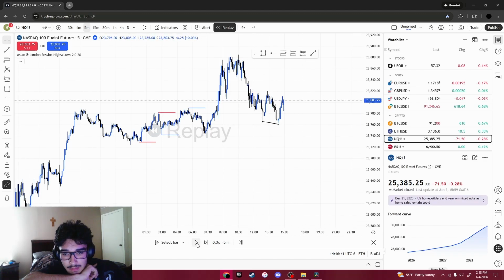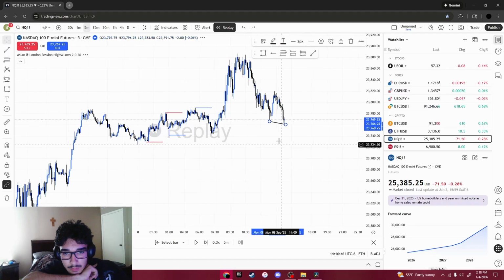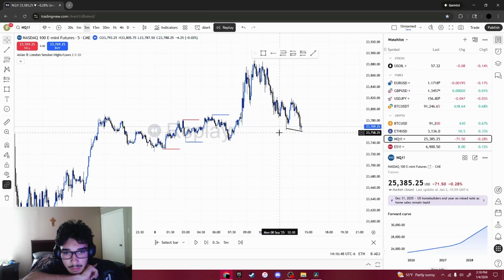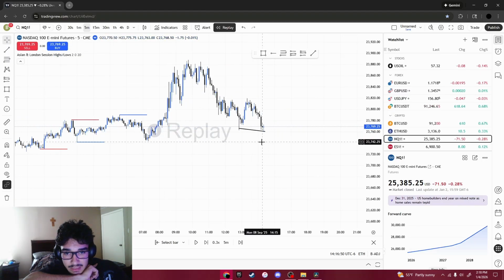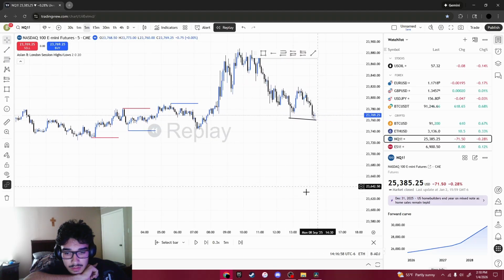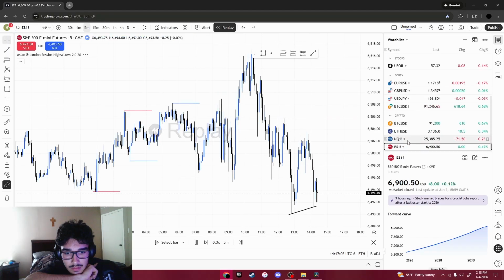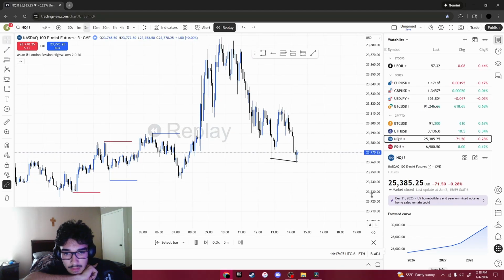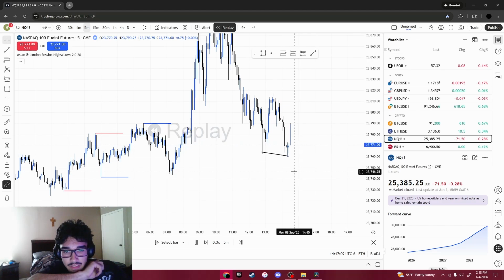Okay, bullish SMT divergence plus liquidity sweep, after I said it was going to sweep those lows. And it did on here. But this created this SMT divergence.